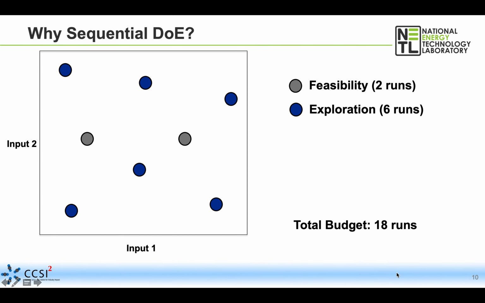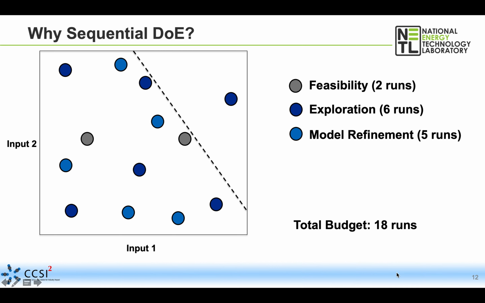And then we can allocate 6 of our runs from our experimental budget to exploring that full space. As part of that exploration, we might realize that that upper corner is not an area that we're interested in exploring. So that's fine. We can ignore that moving forward. We're going to do some model refinement with 5 runs, and then we'll start to focus in on the area where we believe the optimum operating conditions, or that we believe lead to optimum operating conditions.